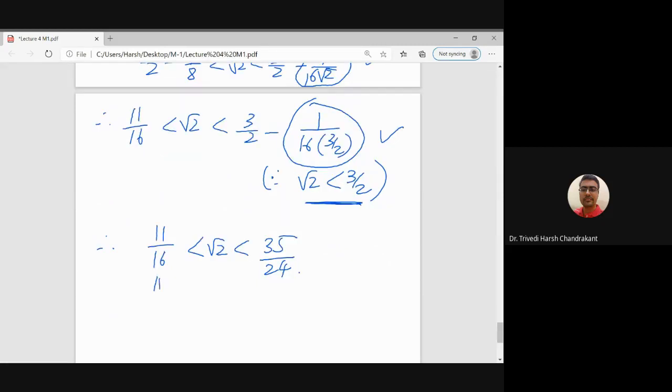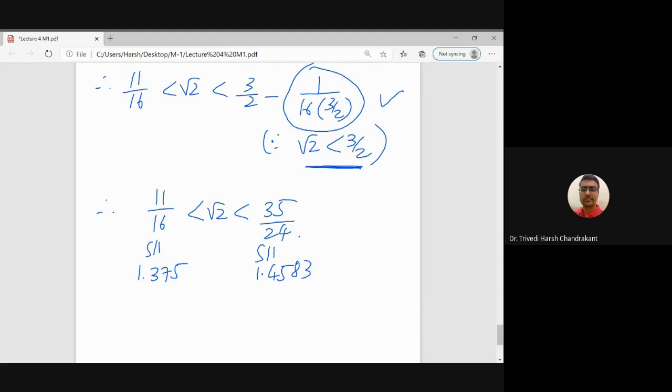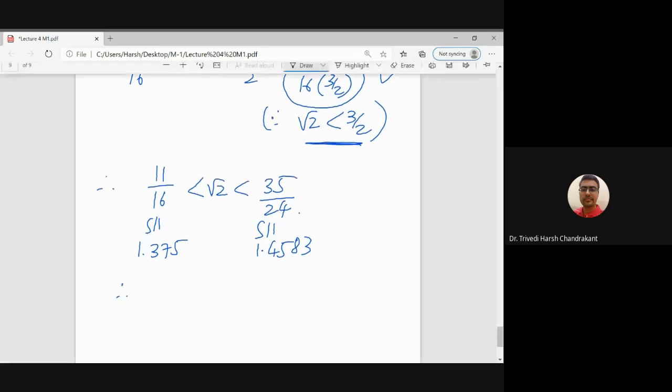So this value is roughly 1.375 and this value is 1.4583, and root 2 value we know by calculator that it is 1.4142, so on. So that is basically in this interval.